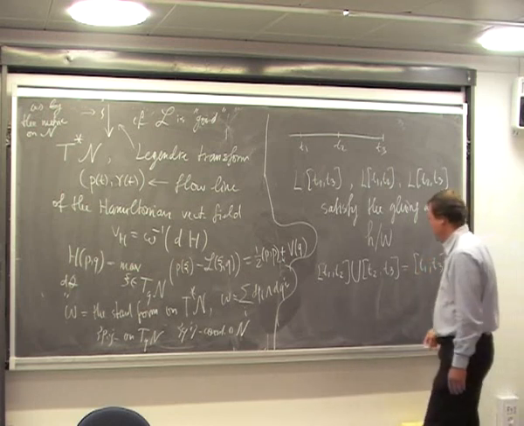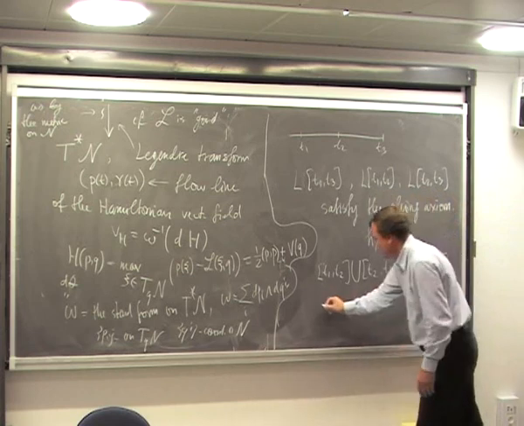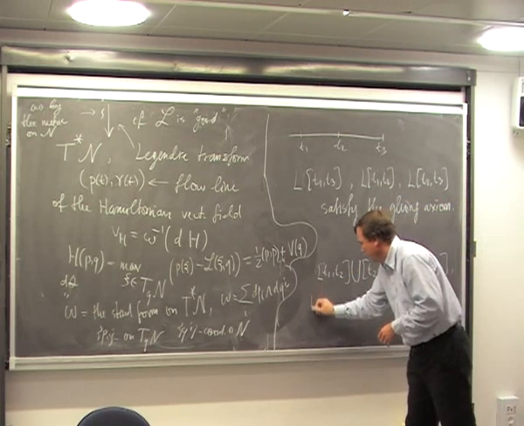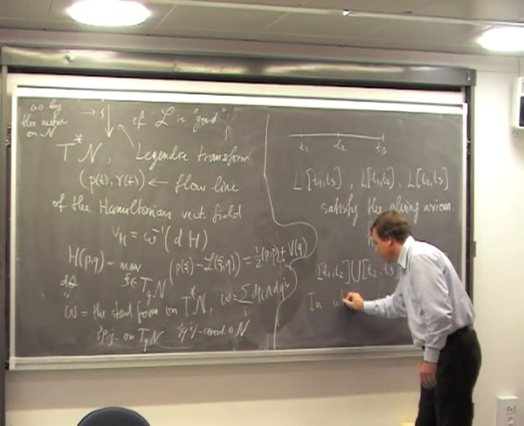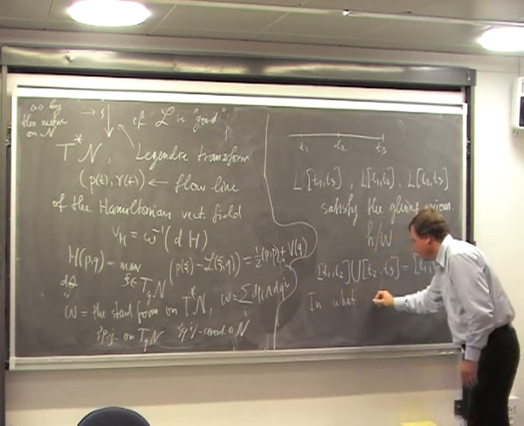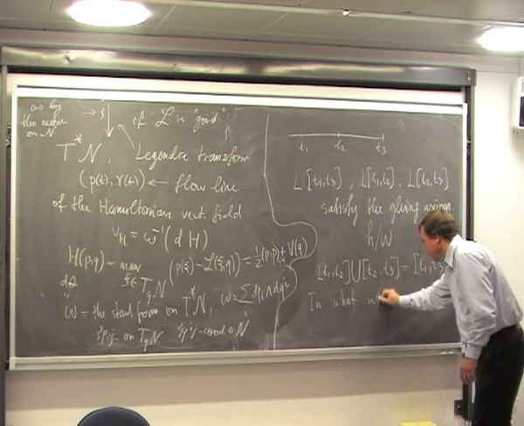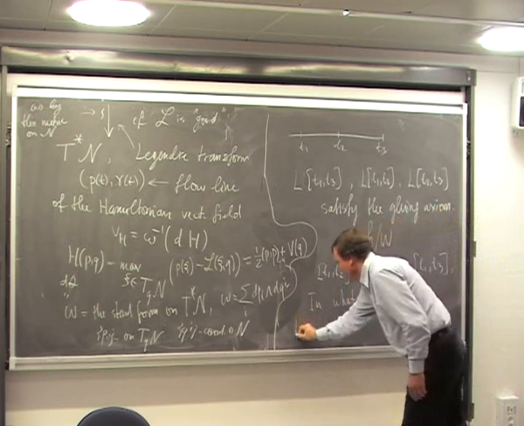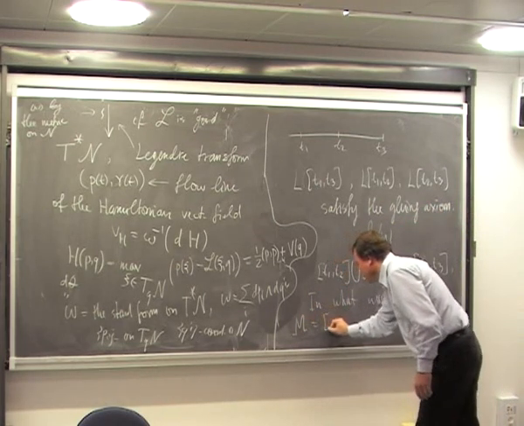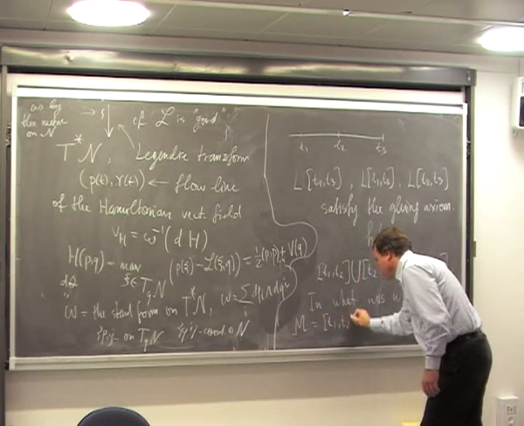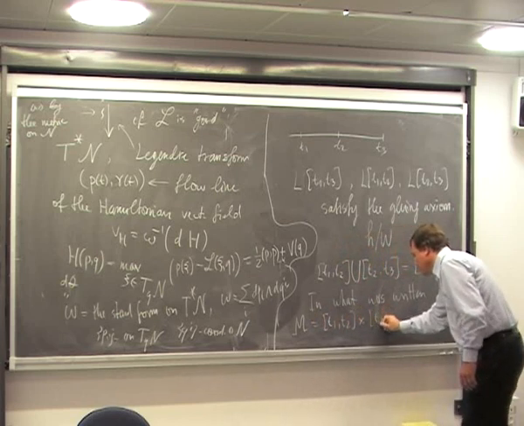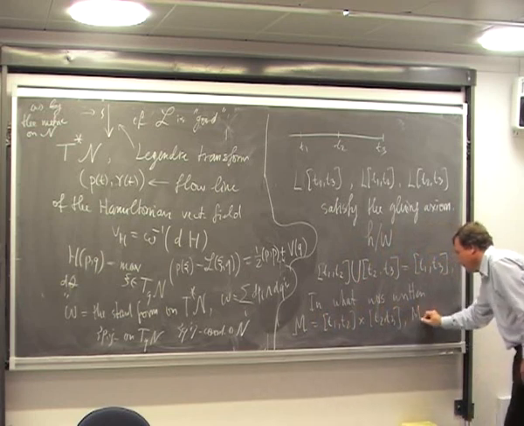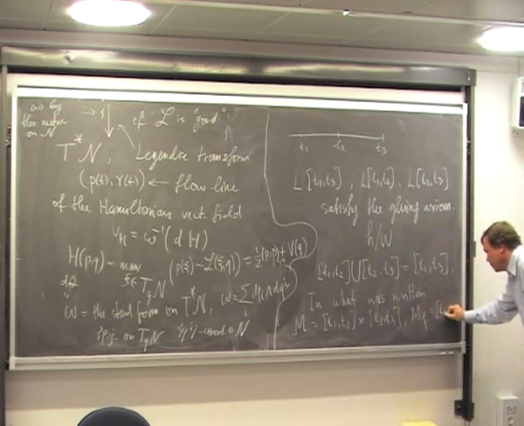And then, in what was written on that part of the blackboard, M is the product T1, T2 cross T2, T3, and F is T1, T3.